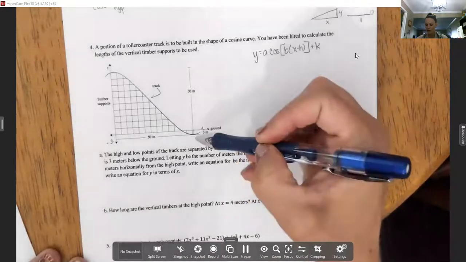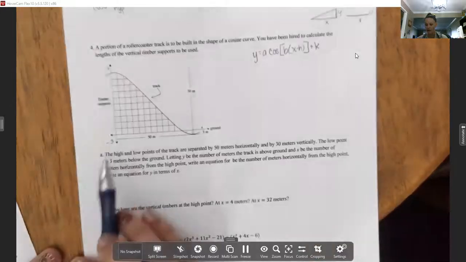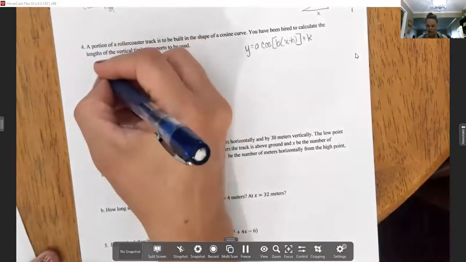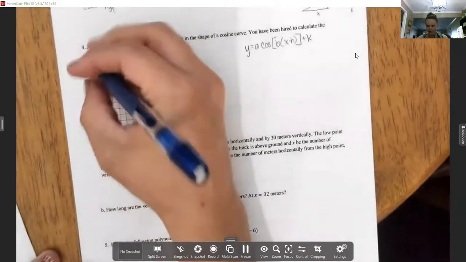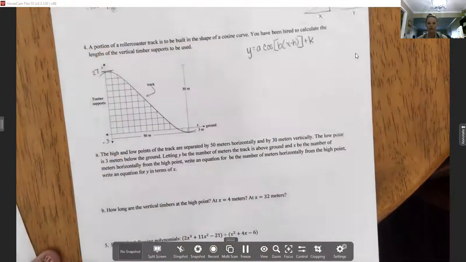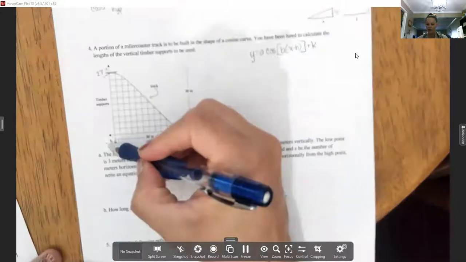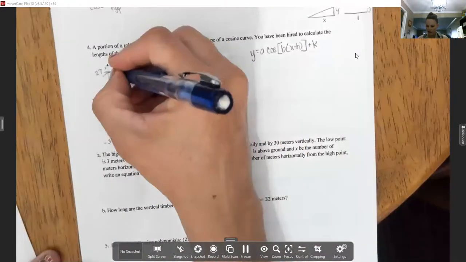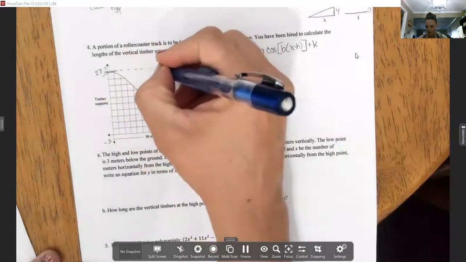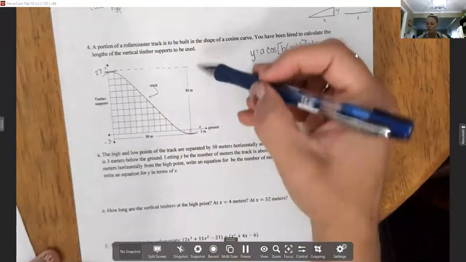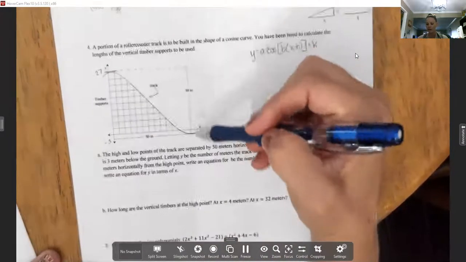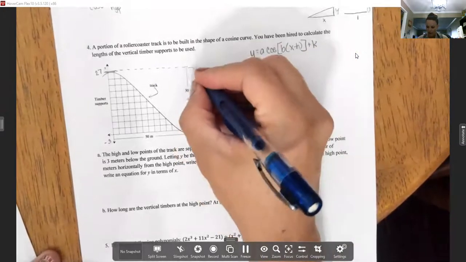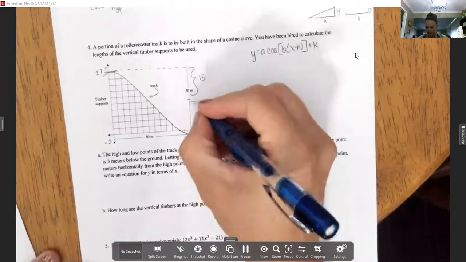We know it's 30 meters from the lowest point to the highest point, and the lowest point is -3. So the highest point is at 27, since -3 plus 30 gives us 27. If it's 30 meters from lowest to highest, then in the middle would be 15 and 15.